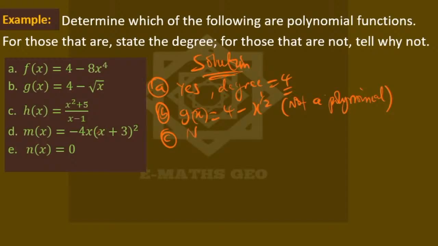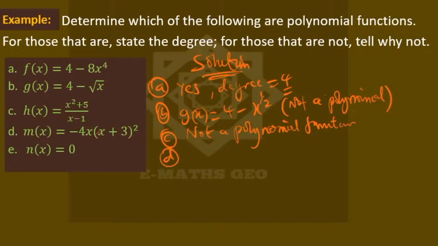This is not a polynomial. It's called a rational function. So not a polynomial function, because we are dividing a polynomial by another polynomial, which is also not one of the conditions for a function to be a polynomial.